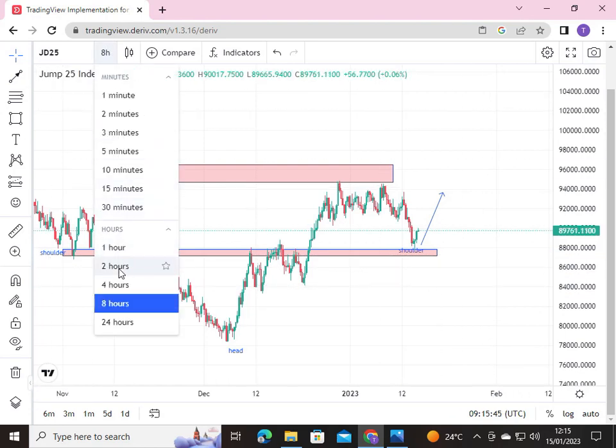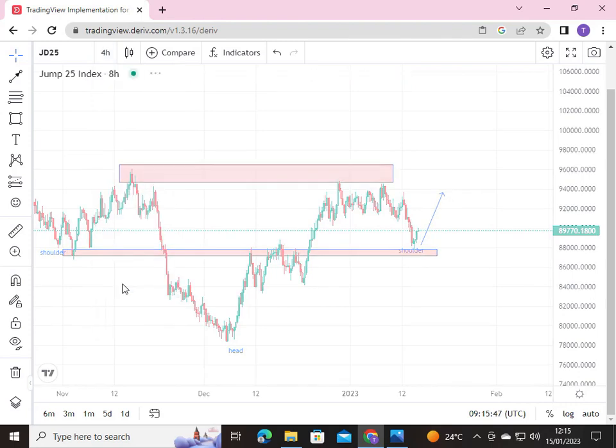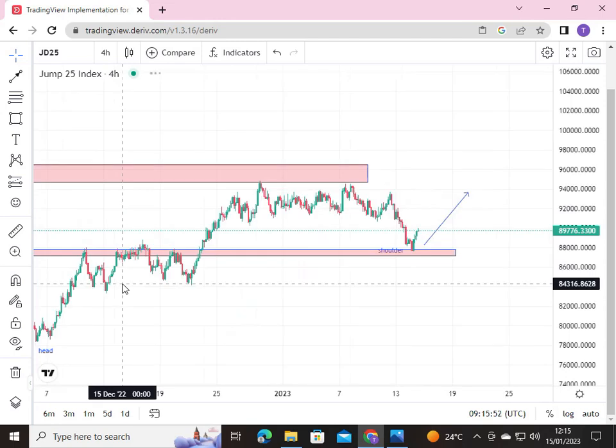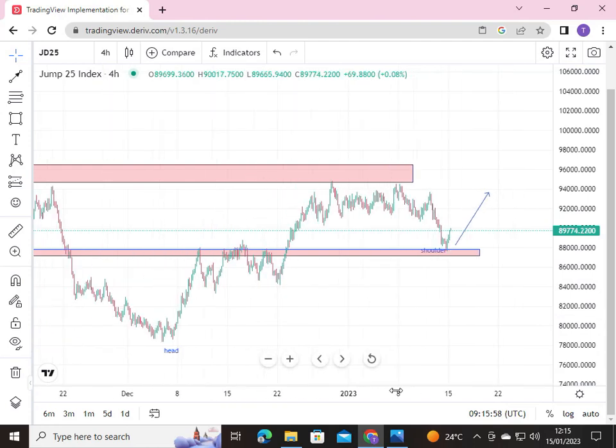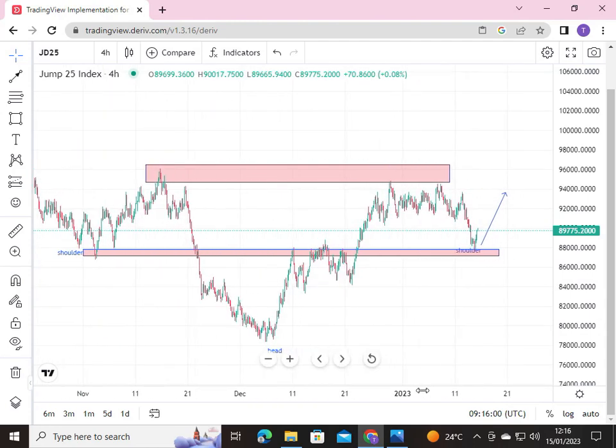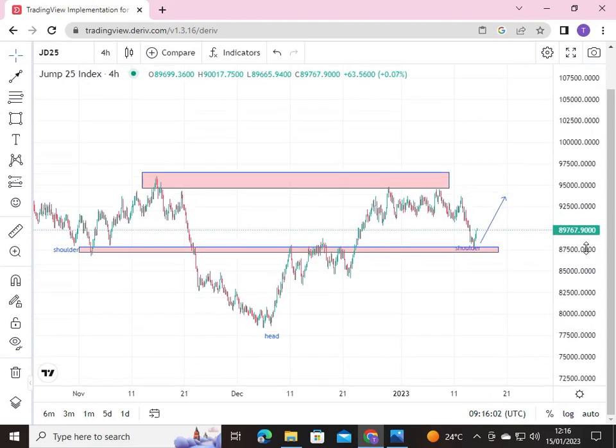it's very easy to trade volatility indices. You just need a bit of knowledge of technical analysis. Know the chart patterns, understand them, know how they form, and then you are good to go with volatility indices.